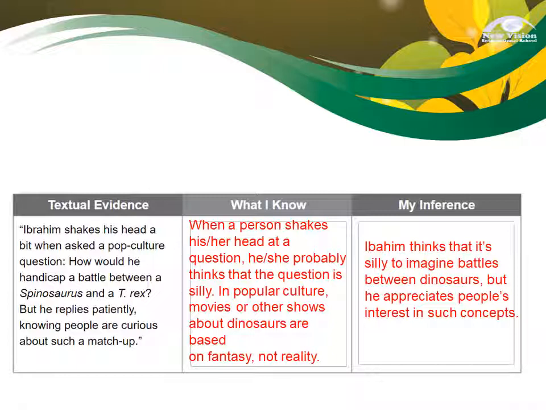What you know is, when a person shakes his or her head at a question, he or she probably thinks that the question is silly. In popular culture, movies or other shows about dinosaurs are based on fantasy and not reality. The inference is Ibrahim thinks that it's silly to imagine battles between dinosaurs, but he appreciates people's interest in such concepts.